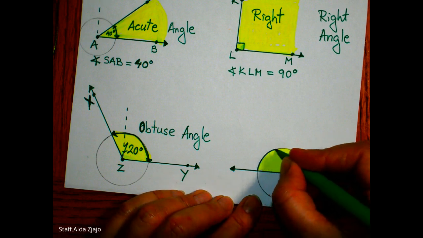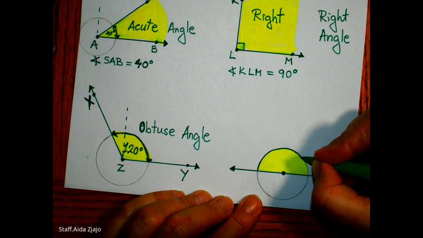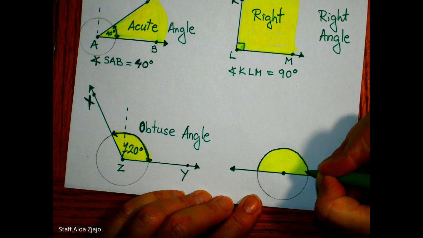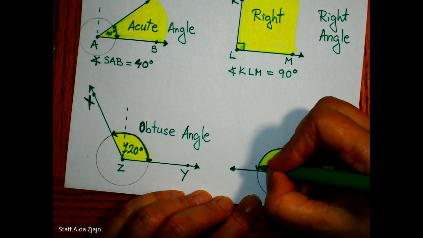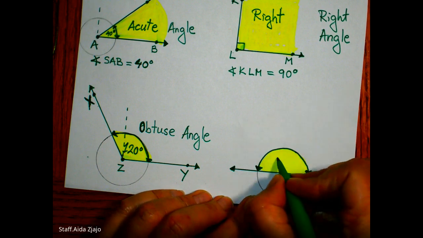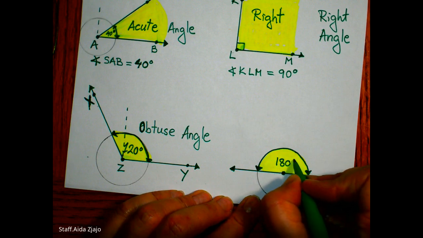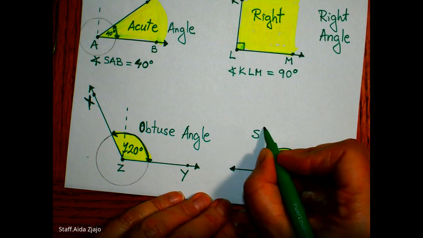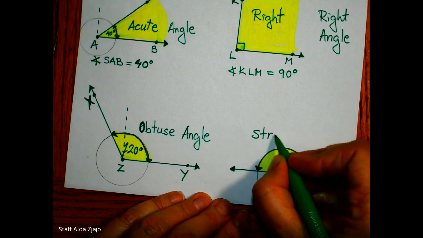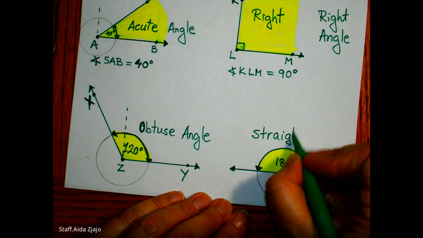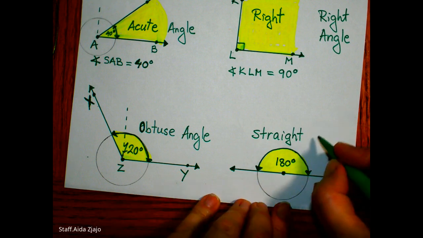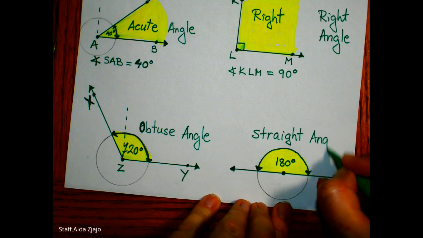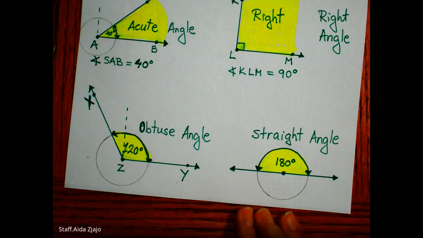We label it as an arc with arrows, and we write 180 degrees, and the name is straight angle.